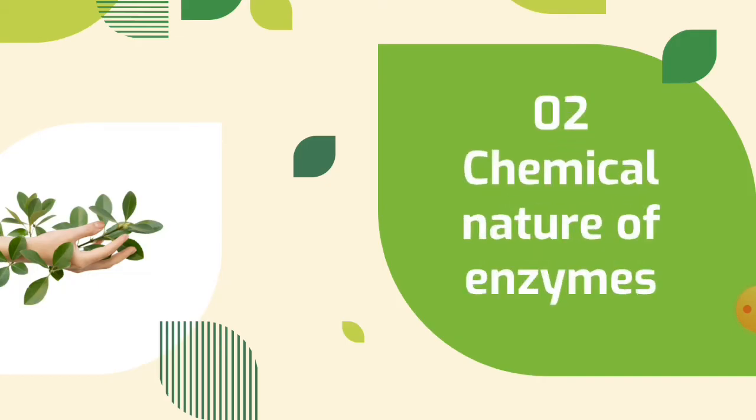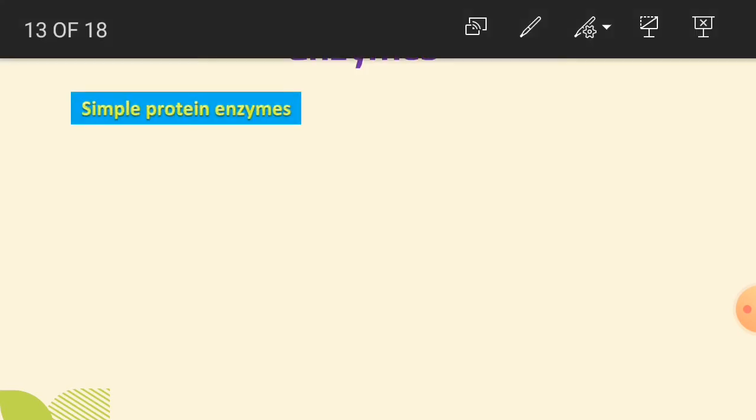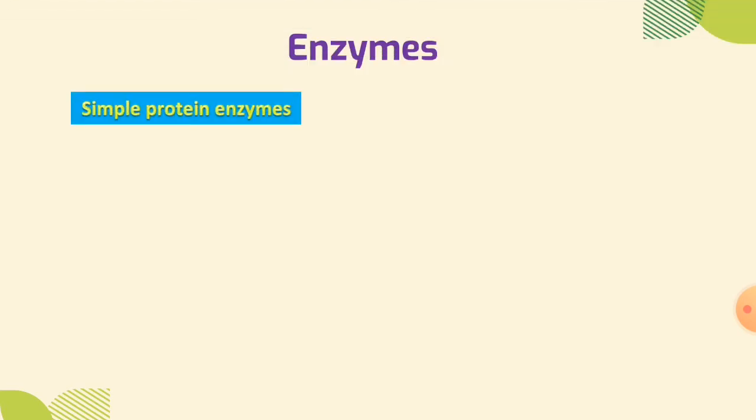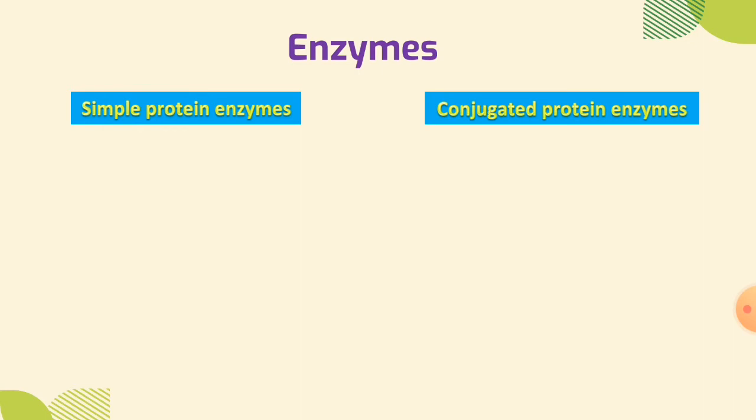Next, we have to look at the chemical nature of enzymes. Chemically, enzymes are globular proteins of high molecular masses. They may be simple protein enzymes or conjugated protein enzymes.